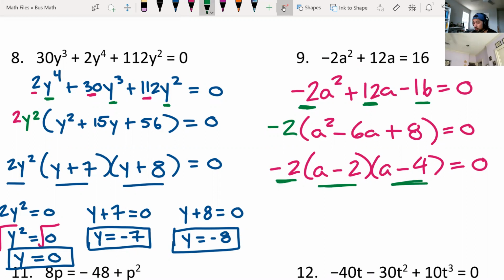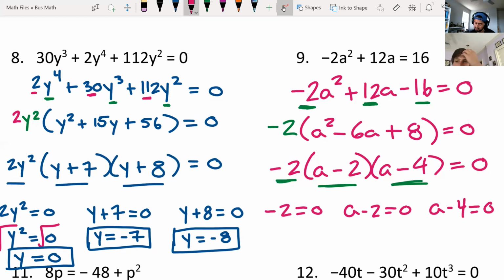Well, this -2 is not going to matter, but I'll show you why. Because if you set -2 equal to 0, does that make sense? Does -2 equal to 0 tell us anything? It's not true, right?